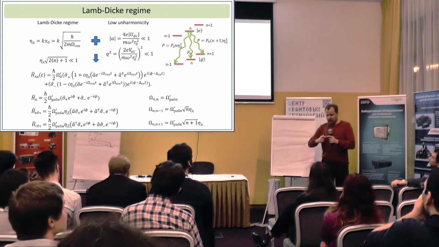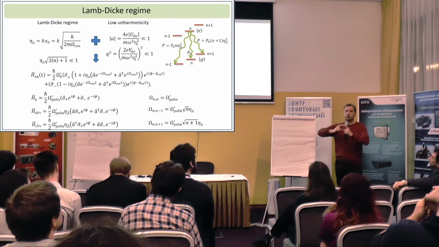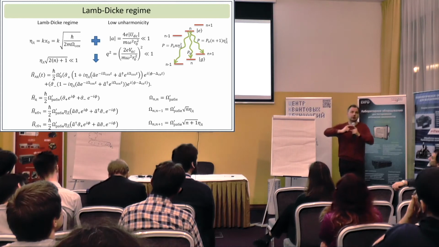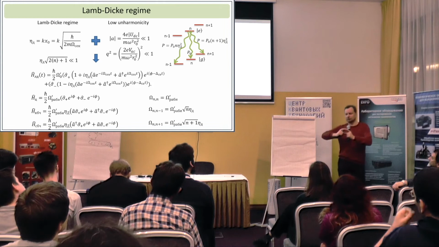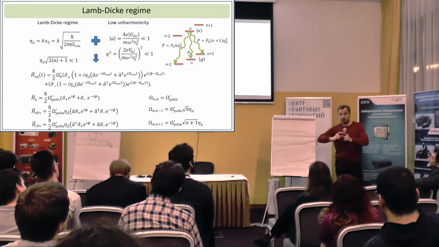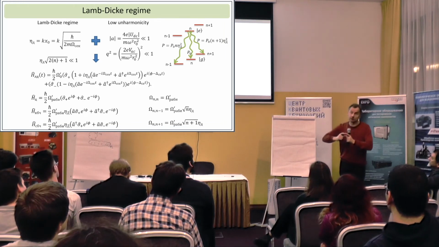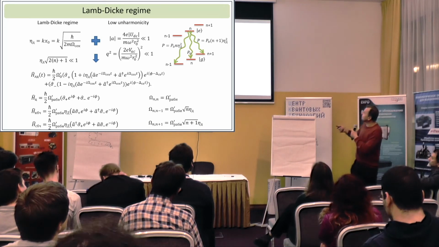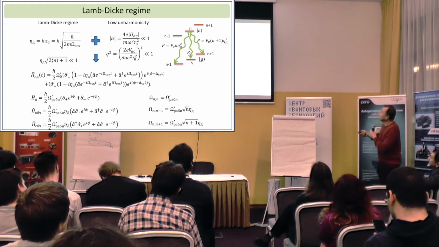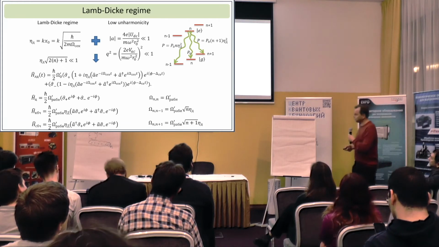So if we confine the particle in a box of the size of a wavelength, we call it the Lamb-Dicke regime, and then we get rid, for example, of Doppler broadening. So it's an interesting feature. And we also assume that we have low anharmonicity of our trap.